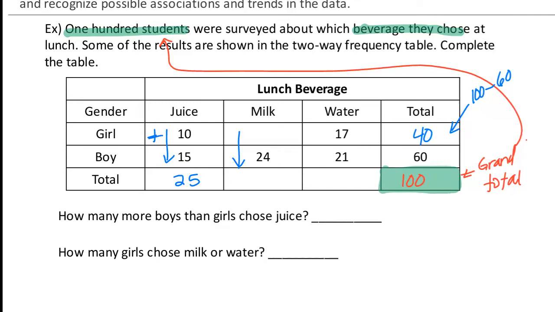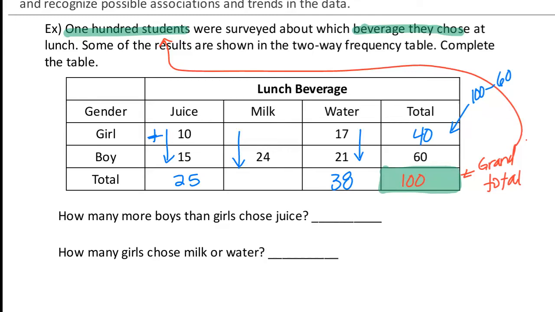Can I add here to get the next total? I don't know what the milk for girls is. I have to figure out how many girls preferred milk during lunchtime. How can we calculate that? 17 plus 21 gives you 38.